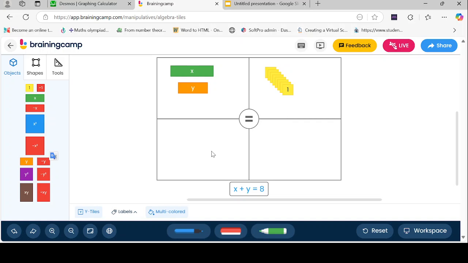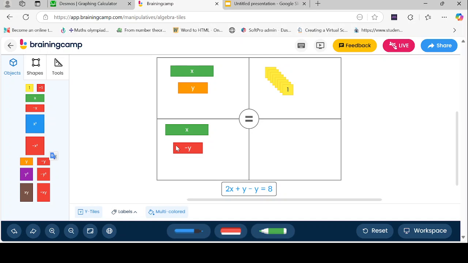So now I want to create a similar equation. Since we call it system of equation, it means that we are going to have two sides of the equation, right? So I want to have another equation. So the equation is x minus y is equal to 4. So who can tell us what we are going to do in order to get is equal to 4?